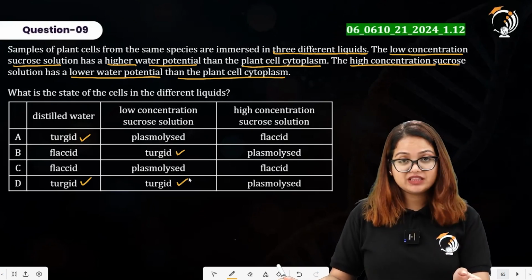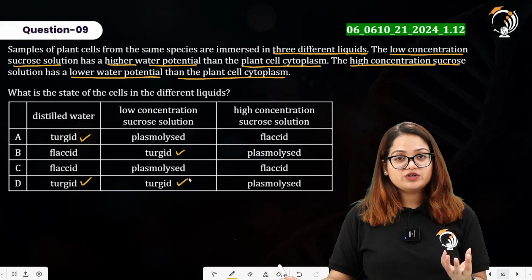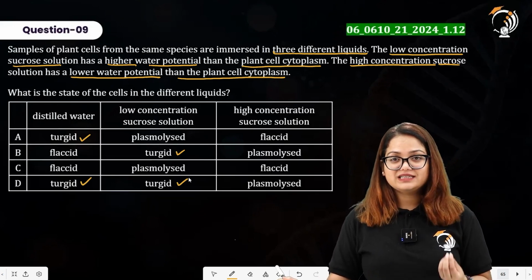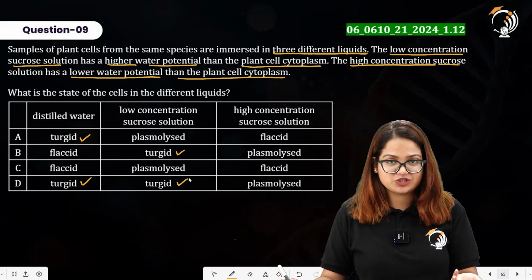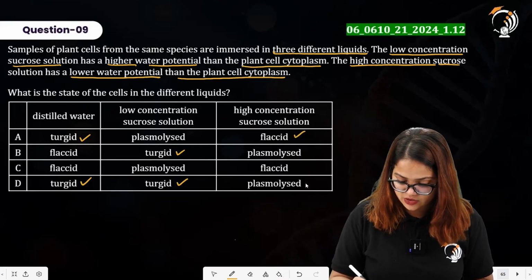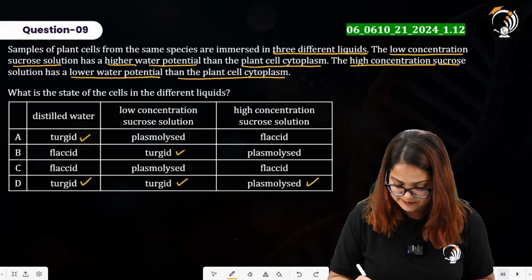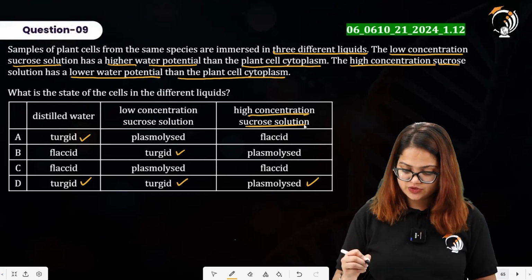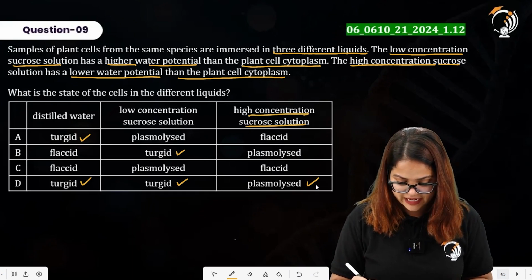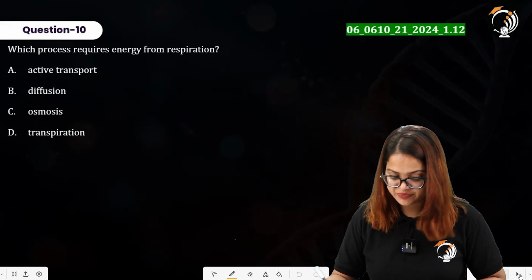Then when the plant cell is kept in a high concentration sucrose solution, water will be lost from the plant cell, as the cell has higher water potential compared to the outside solution. So it will become flaccid, or plasmolysed. So we have plasmolysed as the right answer. Option D is the right answer here.